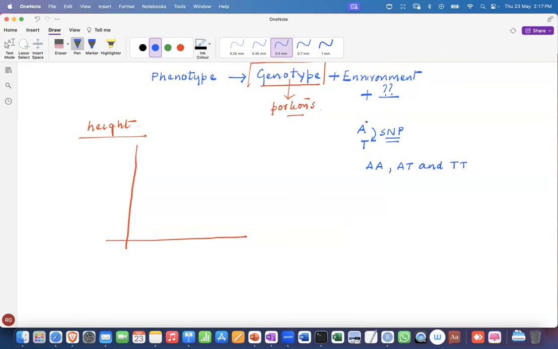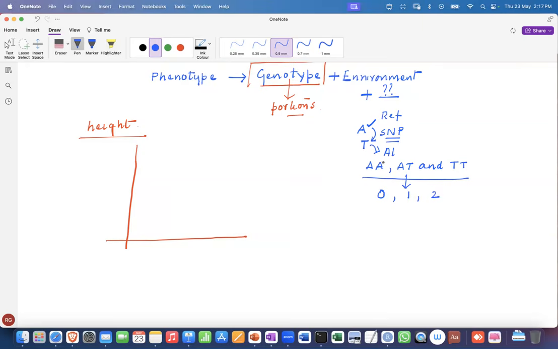Okay? Now, if you say A to be your reference allele and T to be your alternate allele, in terms of alternate allele, these genotypes can be coded as 0, 1, and 2.